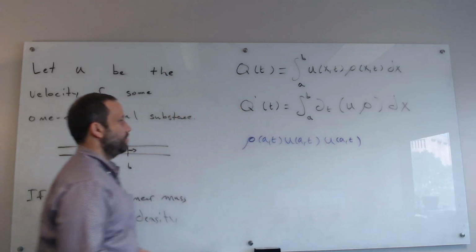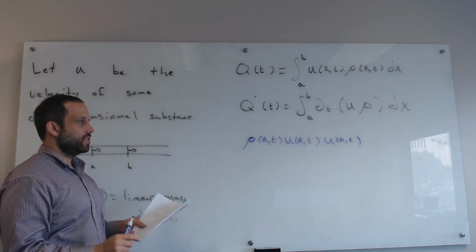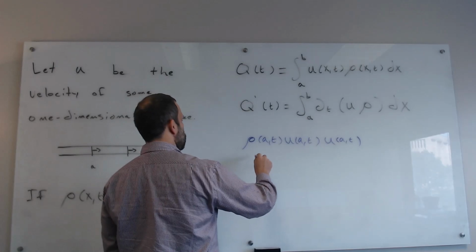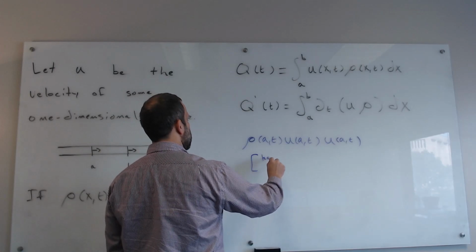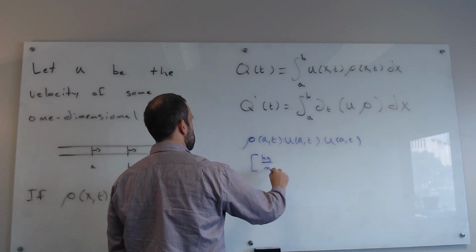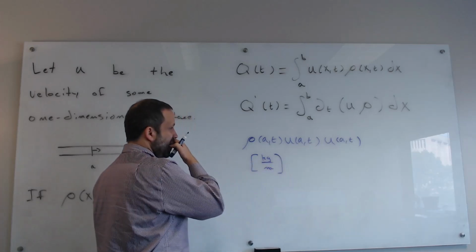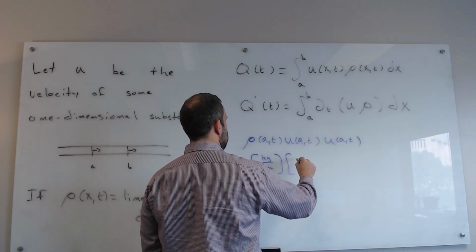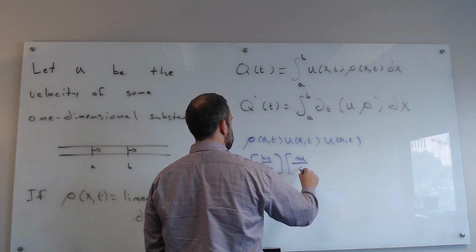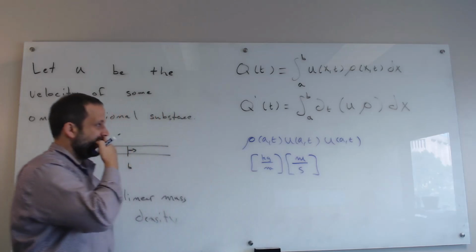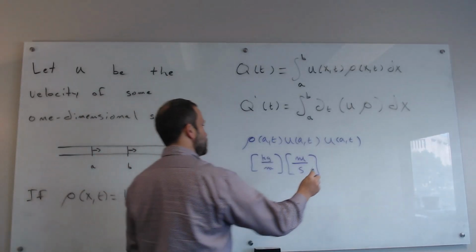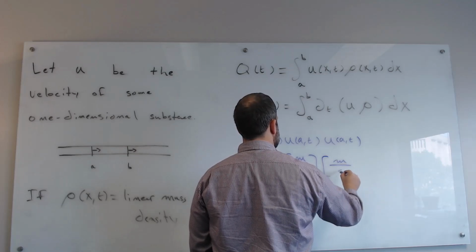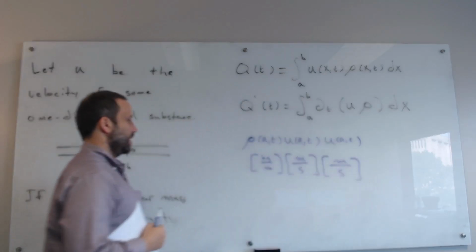That's the velocity. Let's just think through the units here to do a little sanity check to make sure this makes sense. So rho here, let's say the units are something like kilograms per meter. U of A,t here is going to be units of meters per second, and then u of A,t here is going to be units of meters per second.